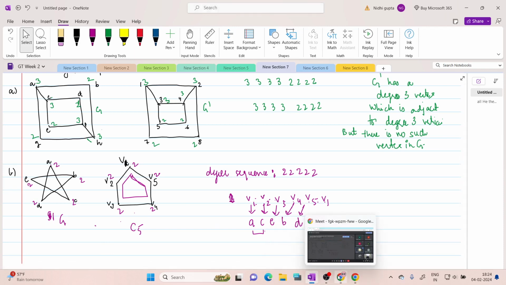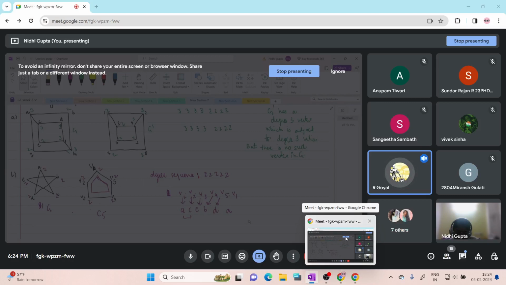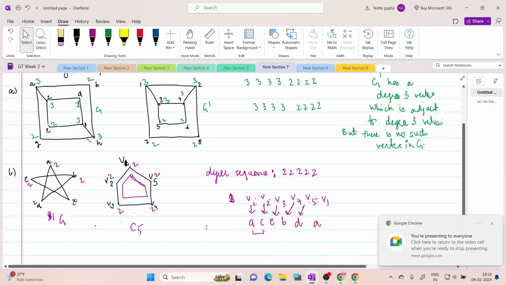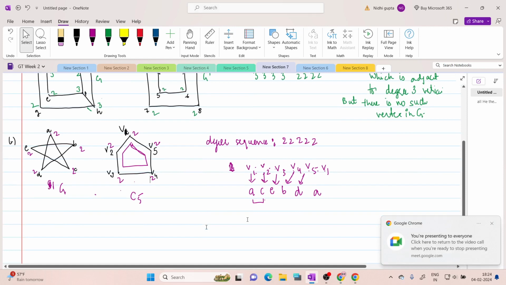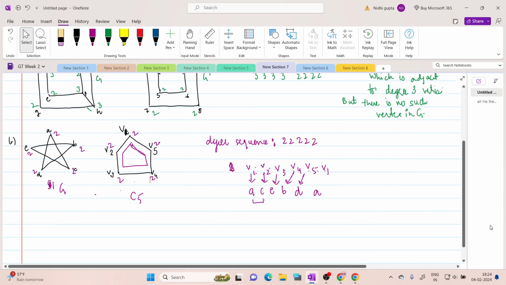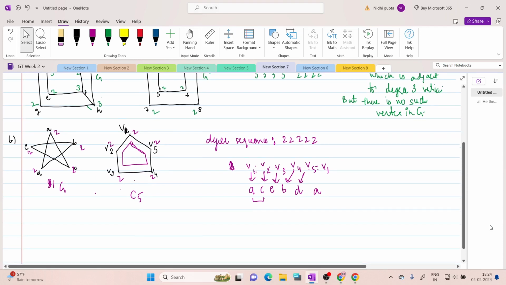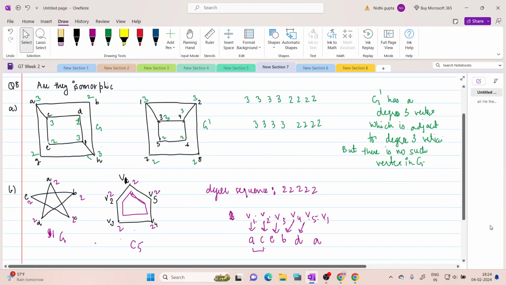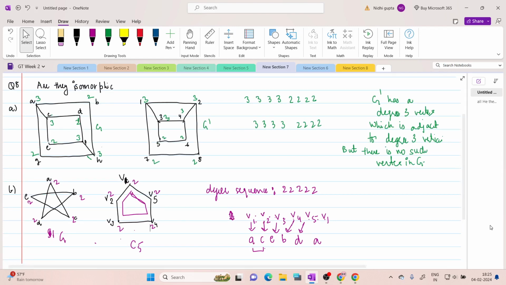And what if we have some additional edges and the given graphs are not cycles? Then we can't say anything. Then we have to look at it specifically and see if it is isomorphic, trying other methods like looking at the degrees.